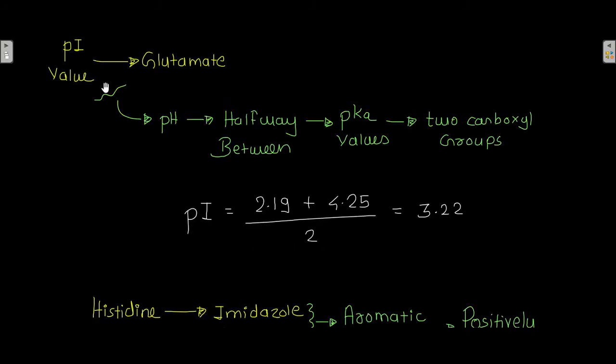Now the pI value for glutamate is the pH that is halfway between the pKa values for the 2 carboxyl groups. So when you put the values of pK1 and pKr, you will get the value of pI as 3.22.